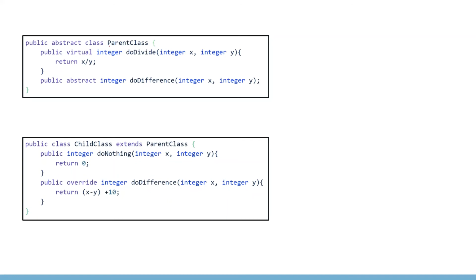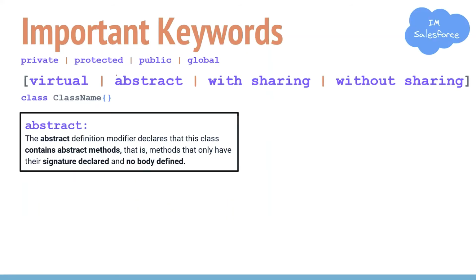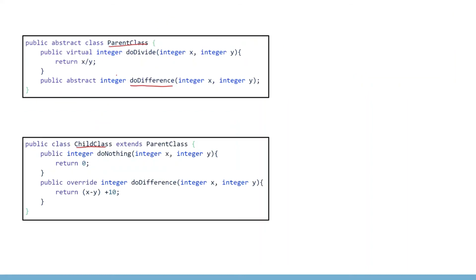Now we will see the example for abstract. We have a parent class, then we have a child class. The child class is extending the parent class. In the parent class we have one method, that is do difference. There is only a declaration, so the signature is declared for that method. That is the method name, and then there are two integers x and y.